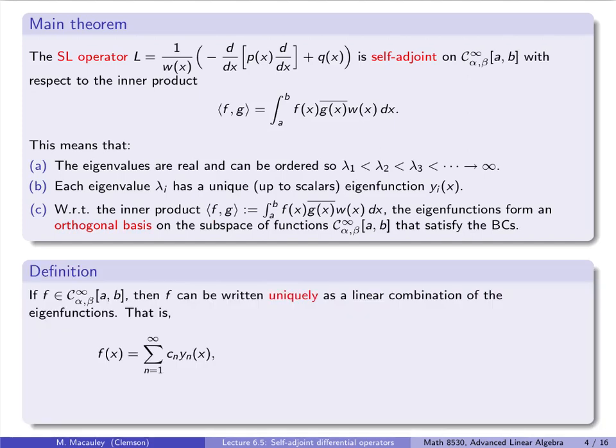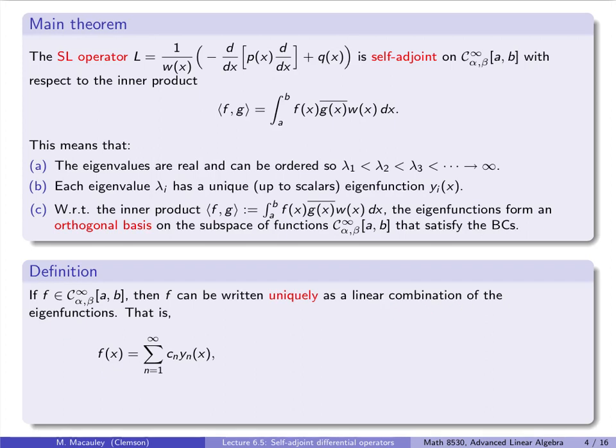Here's one more definition. If f is any smooth function on [a, b] with these boundary conditions, actually it can be piecewise, it doesn't even have to be smooth. There are some analysis and convergence details that I will absolutely not talk about here. But anyways, f can be written uniquely using this basis. In other words, as a linear combination of the eigenfunctions.